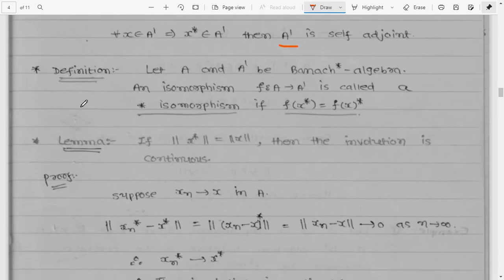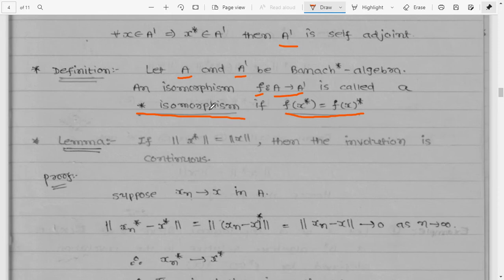Now we see the next definition, star isomorphism. Let A and A dash be Banach star algebras. An isomorphism f from A to A dash is called a star isomorphism if f of x star is equal to f of x star.